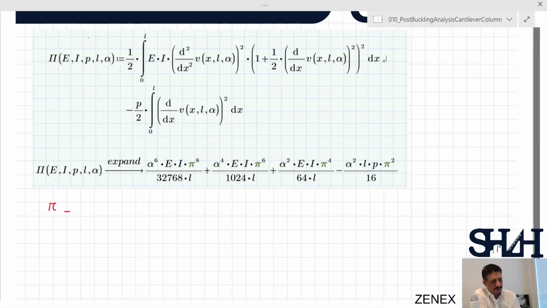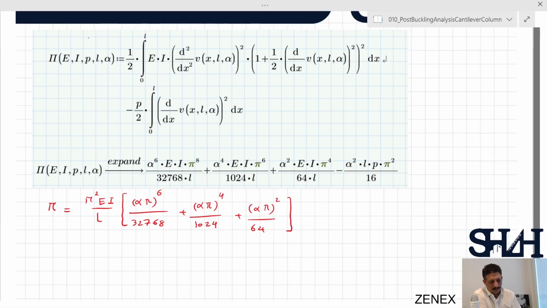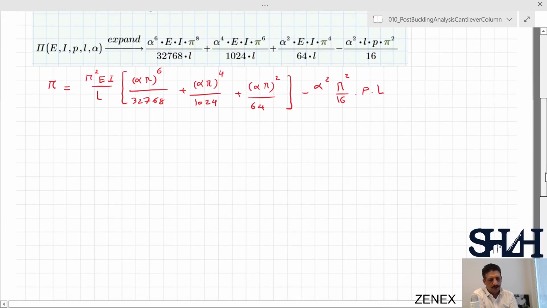So the pi function will be pi squared EI over L, alpha pi power by 6 divided by 32,768 plus alpha pi power by 4 divided by 1024 plus alpha pi power by 2 divided by 64 minus alpha squared pi squared over 16 times PL. This is the pi function.